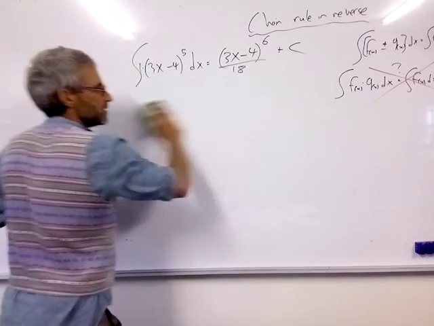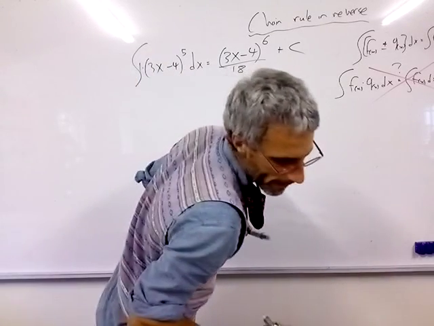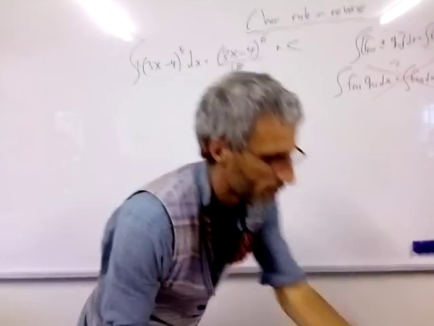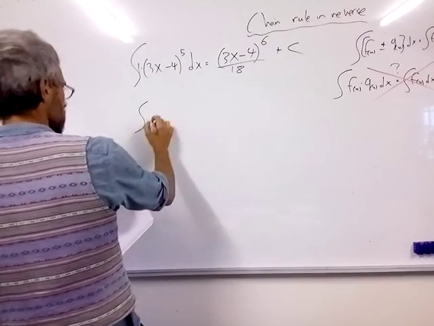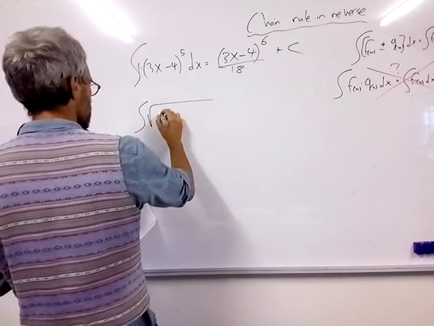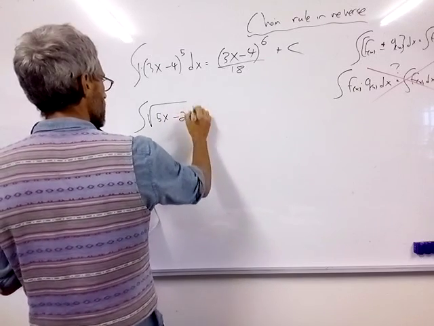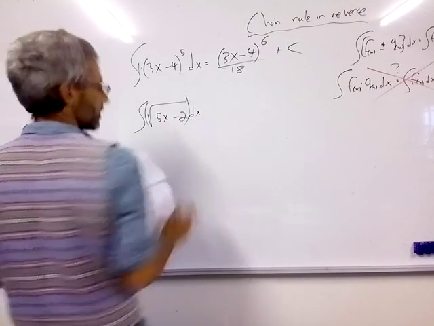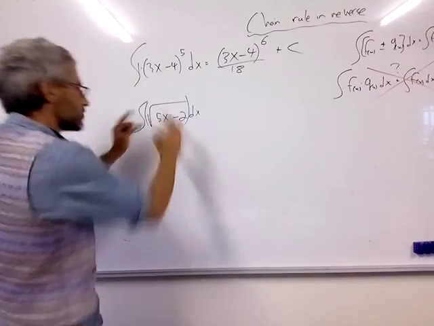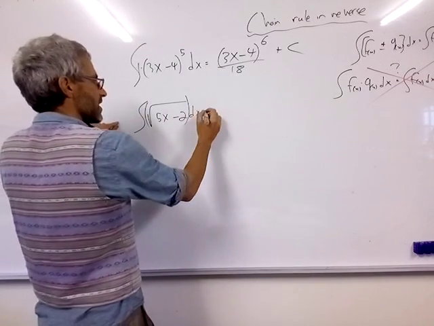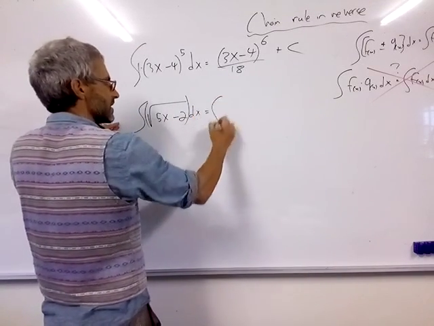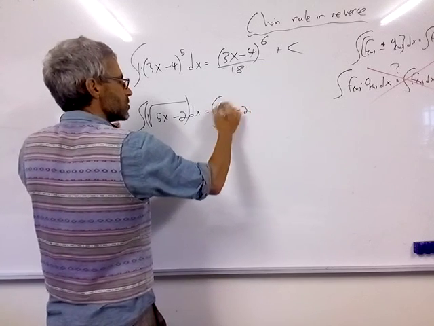The last one. I thought I'd do one with a square root: the square root of 5x minus 2, dx. As always, just like in all the other examples, it's worthwhile writing it again in terms of exponents.